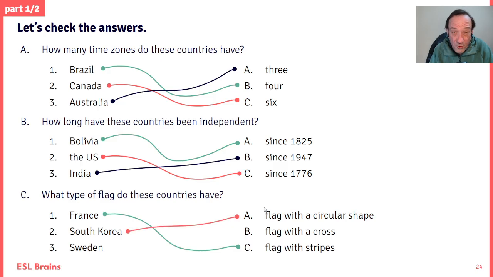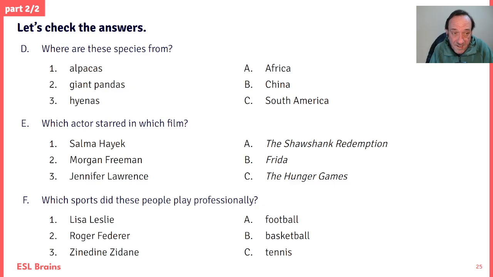Sweden has a cross. Is it yellow and blue or yellow and red or something? I'm not sure. I actually have some Swedish friends here. I should know the design of their flag, I suppose. Okay, what's next? So pause the screen, have a look, and we'll go through the answers in a moment.